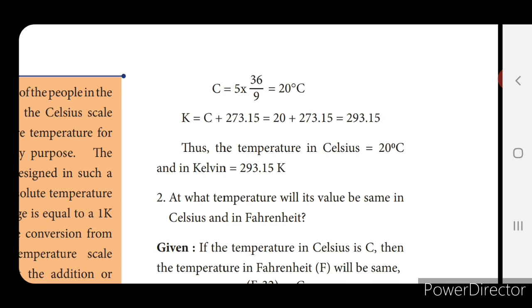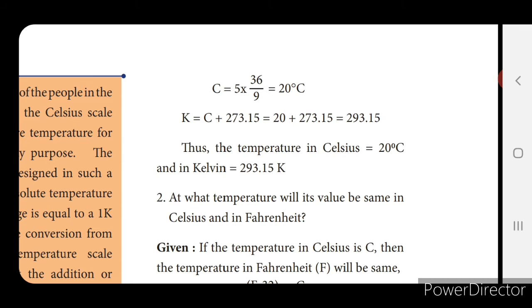Okay children, the next conversion is you have to calculate K, Kelvin scale. So what is the formula here? K is equal to C plus 273.15. Okay, 273.15, that is nothing but 0 degree centigrade, that freezing point, isn't it children? So that plus C is equal to, see now only you got the answer as 20.